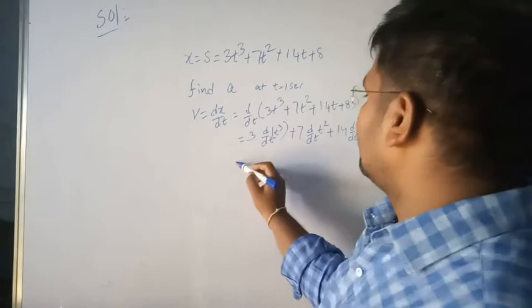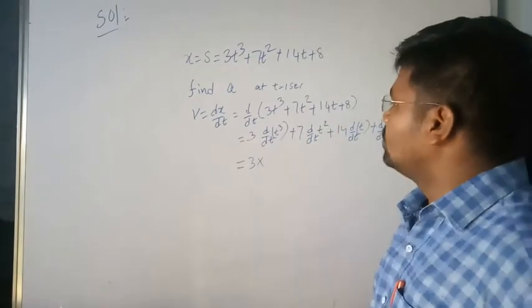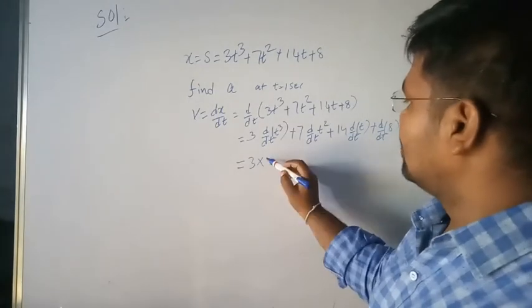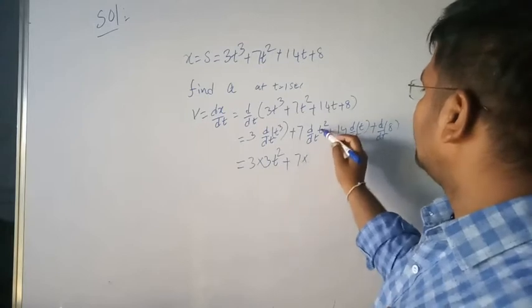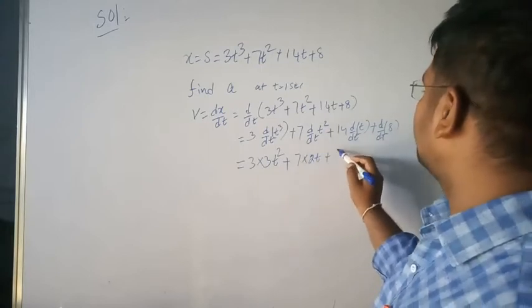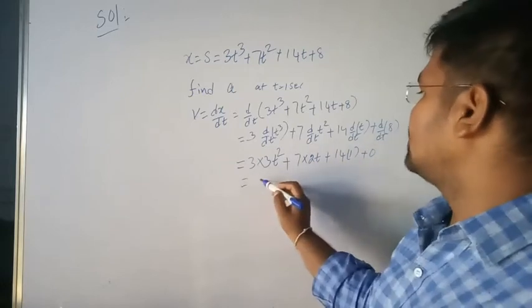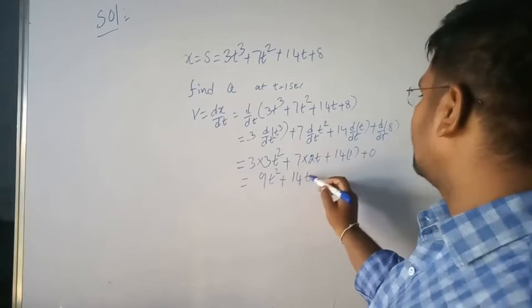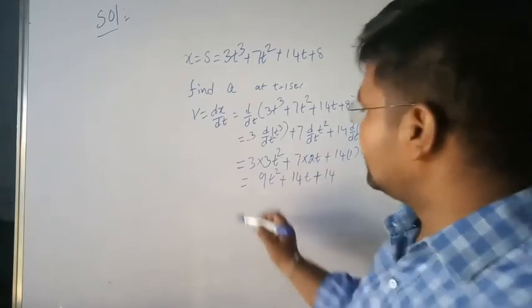Okay, 3 into 3 into t cubed means 3t square, 3t square plus 7 into 2t plus 14 into 1 plus 0. Rearrange this, 9t square plus 14t plus 14. Okay, understand? This is velocity.